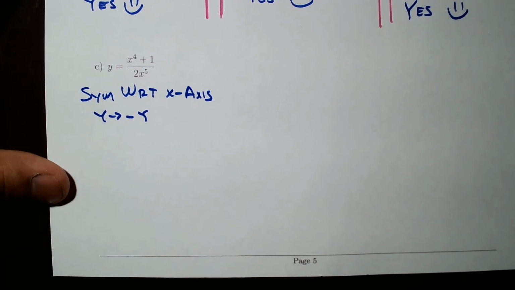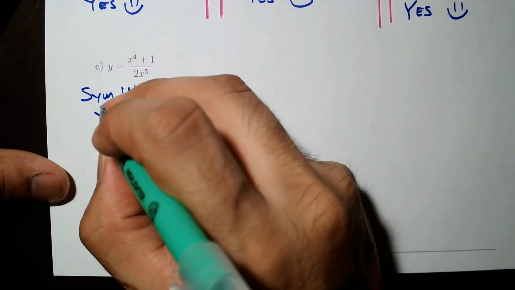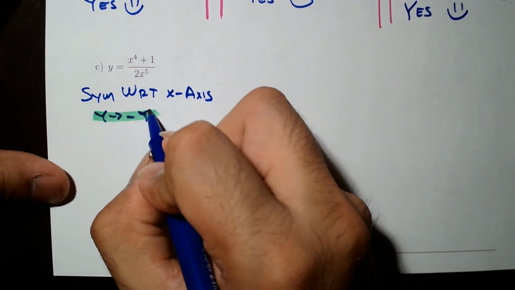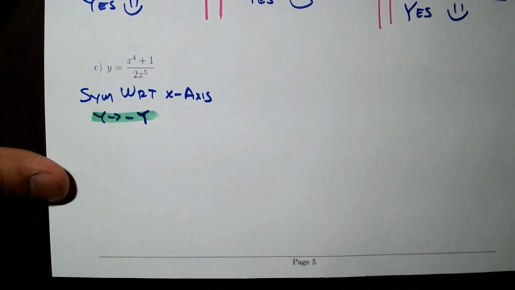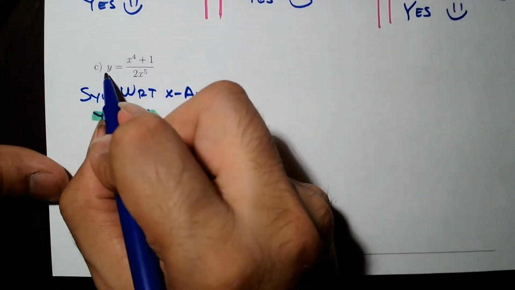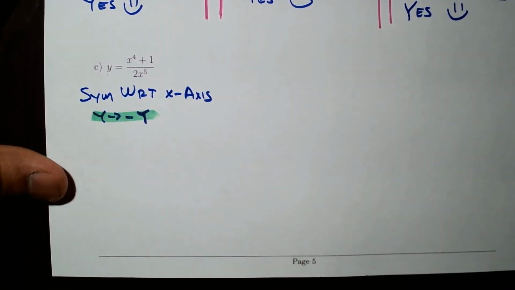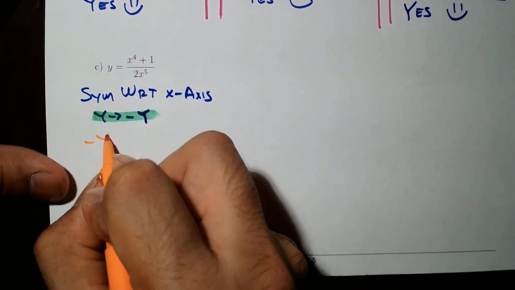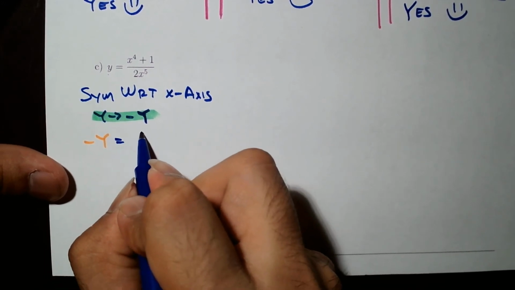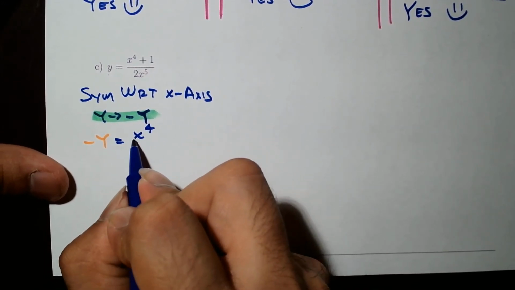That's what we do to check whether the given equation is symmetric about the x-axis. So I'm going to replace this y with negative y and everything else remains the same.